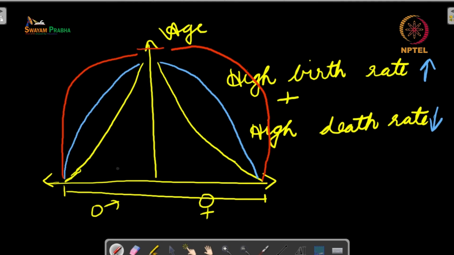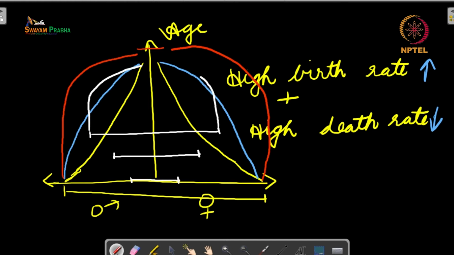But we can also have a situation in which fewer children are getting born, and those that were born before were larger in numbers, but once we reach the maximum, now you have a curve like this.